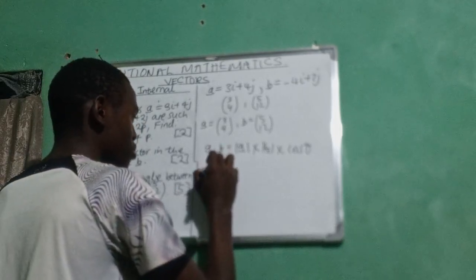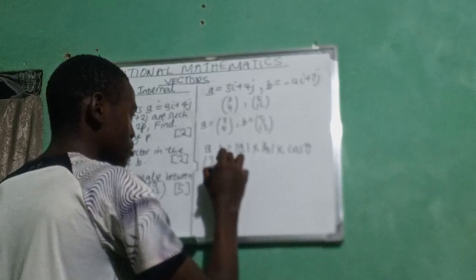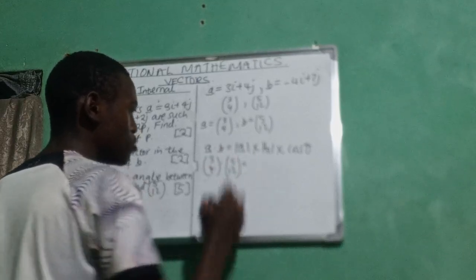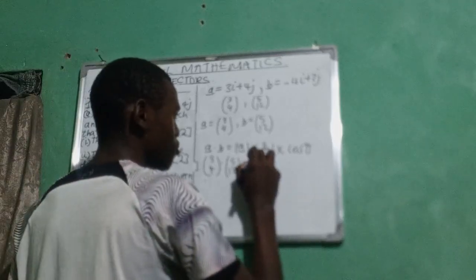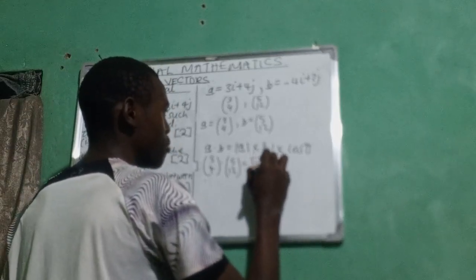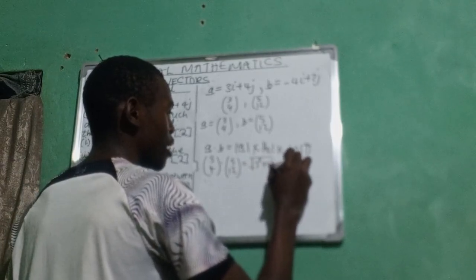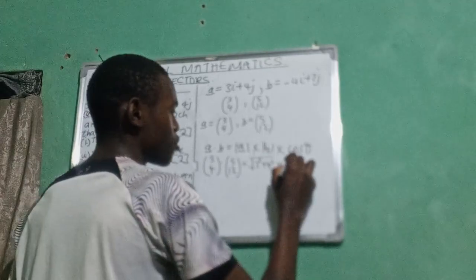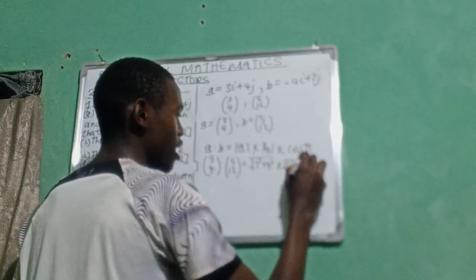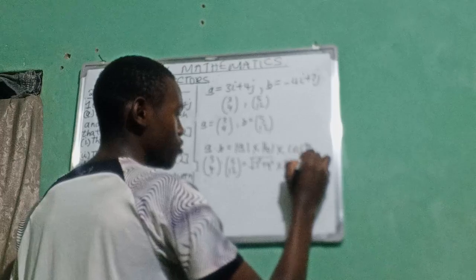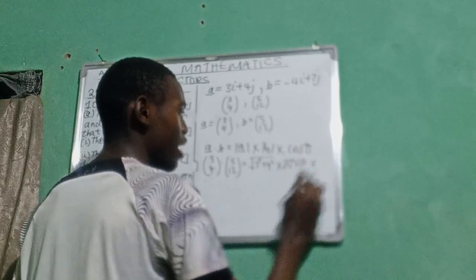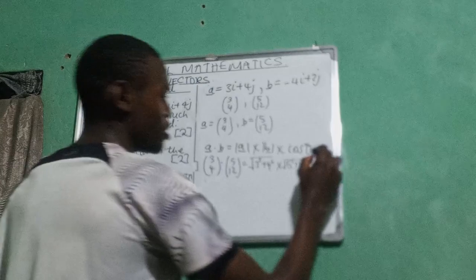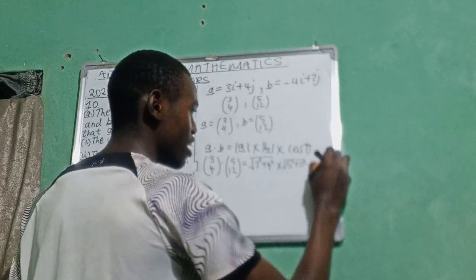So it means I'm saying (3, 4) multiplied by (5, 12) is equal to the magnitude of vector A, which will be the square root of 3 squared plus 4 squared, multiplied by the magnitude of vector B, which will be the square root of 5 squared plus 12 squared, multiplied by, they want us to find the angle between vectors, so we just leave it as it is, cosine theta.